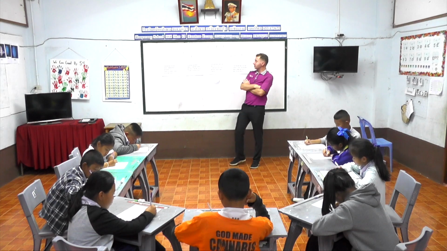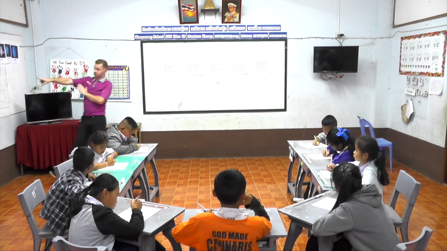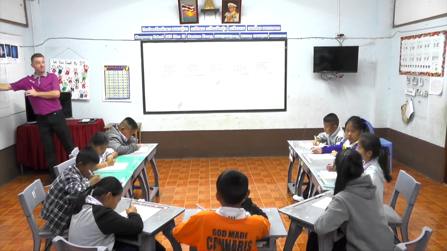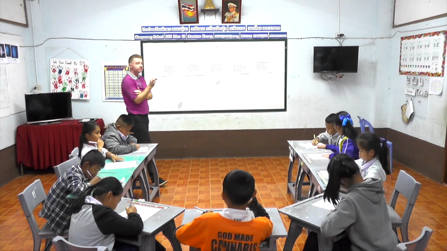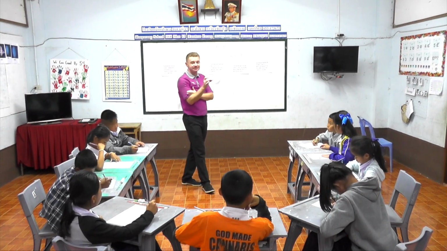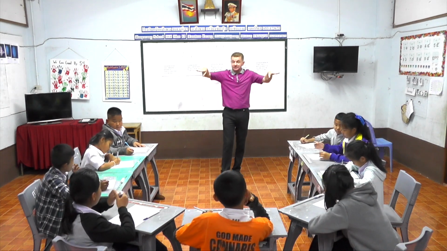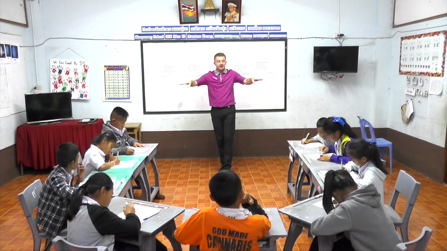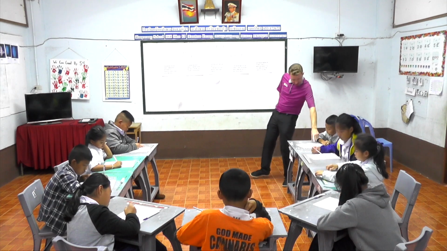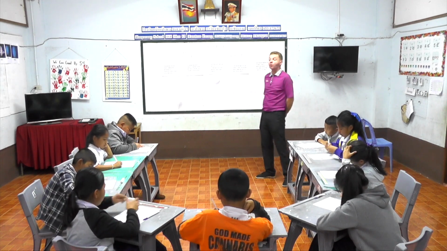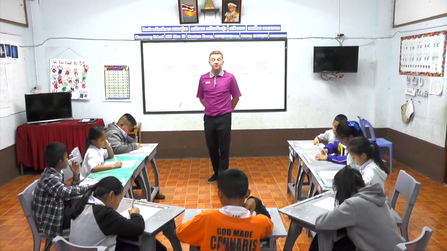Now be careful, is it weight or mass? Remember, the amount of matter in an object is mass. It can also increase the weight, but mass and matter are directly connected. So number 3, the mass of an object is the quantity of matter in it. Mass and matter are directly related.